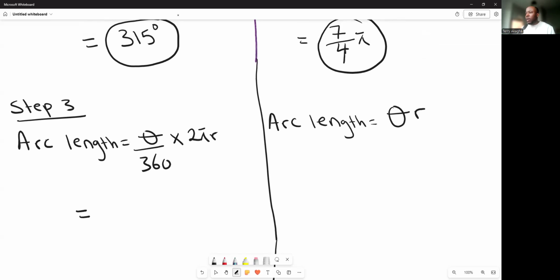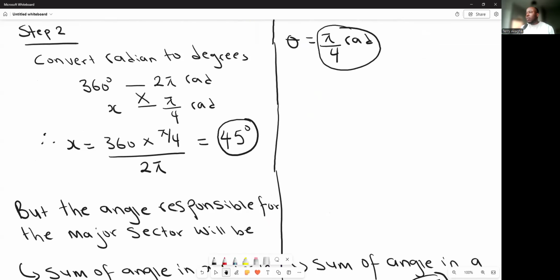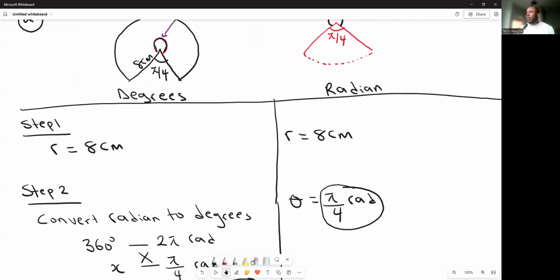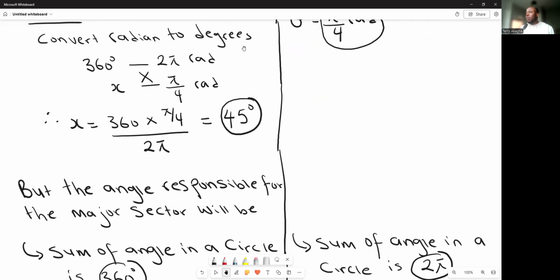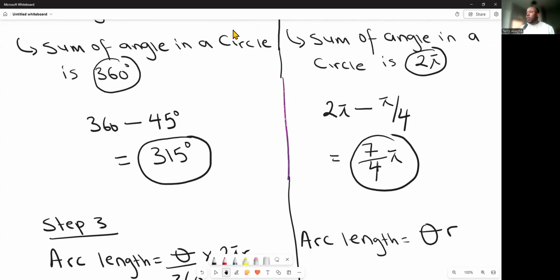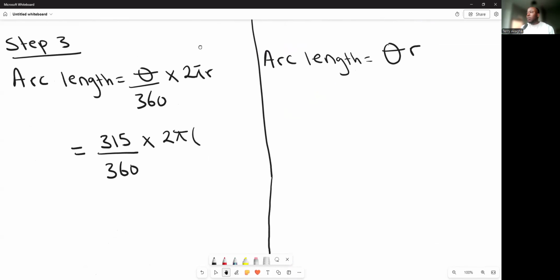So we have 315 divided by 360 times 2 times pi. And what was the radius in this question? I believe it was 8, just to confirm again. Yep, the radius was 8 centimeter.